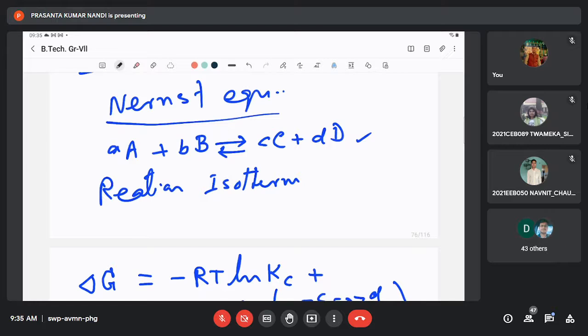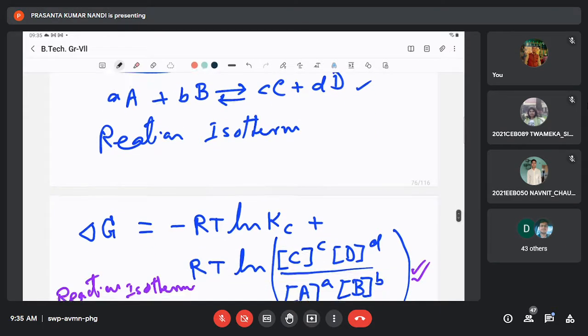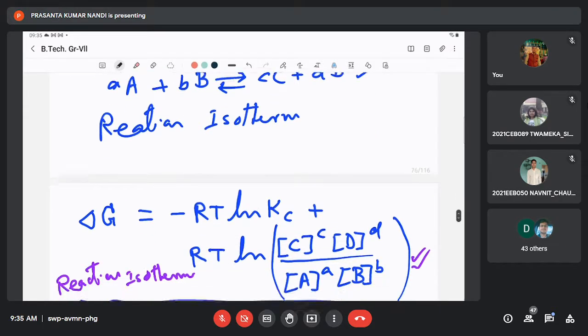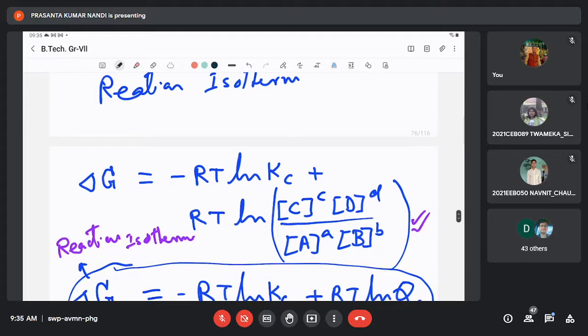For this reaction, there is an equation that thermodynamically one can write, which we call the reaction isotherm. What is the reaction isotherm? This expression can be derived from thermodynamic consideration, but it is not included in your syllabus.